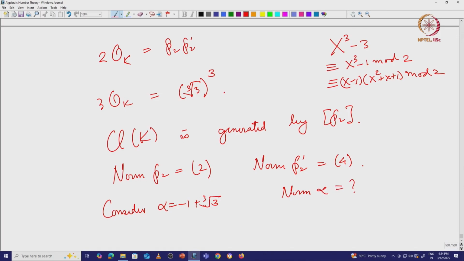So, one way to find this is you take alpha plus 1 cubed, this is 3, and so you get alpha cubed plus 3 alpha squared plus 3 alpha minus 2 is equal to 0. So, the norm of alpha is the ideal generated by 2, right.